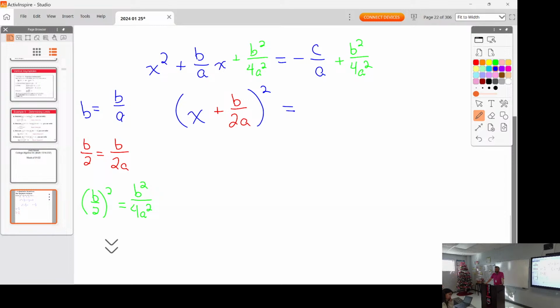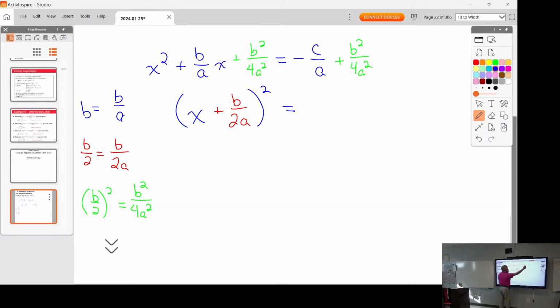Can you add those like they are? Okay, what has to be true to add fractions? Denominator has to be the same, right? Are the denominators the same? No. So what would be the least common denominator? Almost 4a squared, right? So somehow I need to make this first denominator a 4a squared. So how do I make an a turn into a 4a squared? Multiply it by 4a.